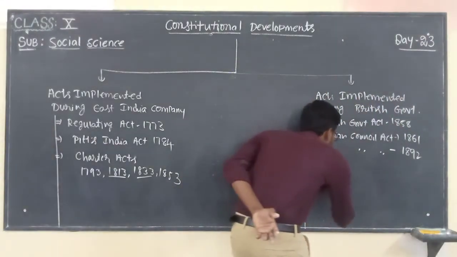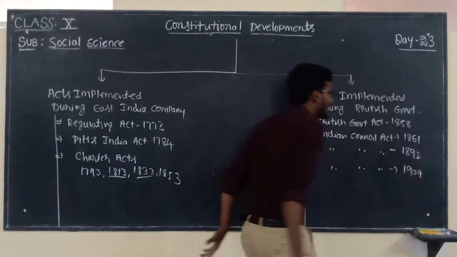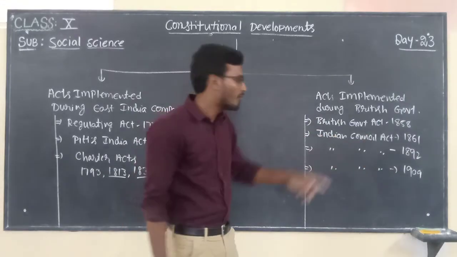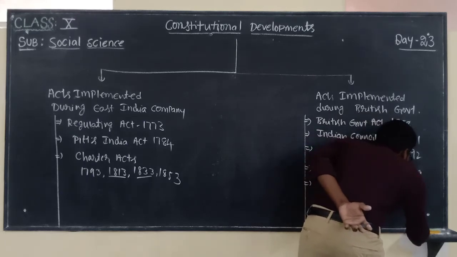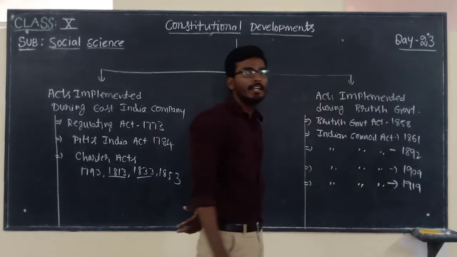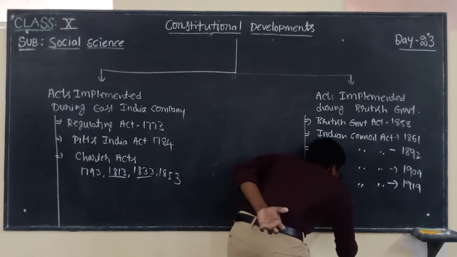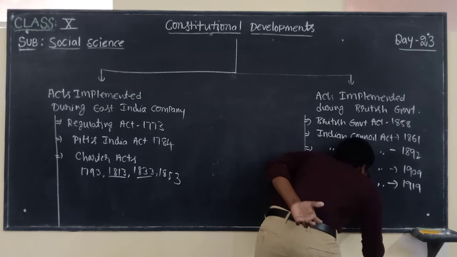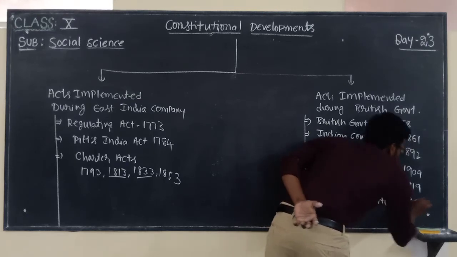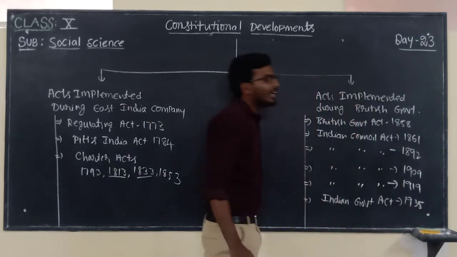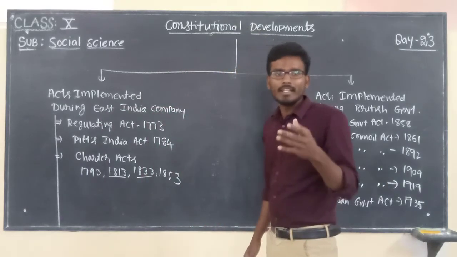Next, Indian Council Act 1909. This act is also known as Minto-Morley reforms. Indian Council Act 1919, and finally which act? Indian Government Act 1935. So you will get a clear-cut idea about the acts implemented by the British in the Indian administration.